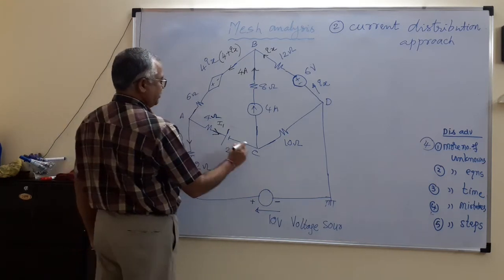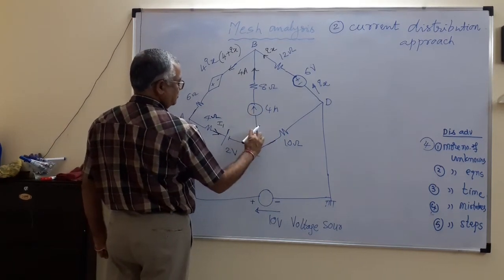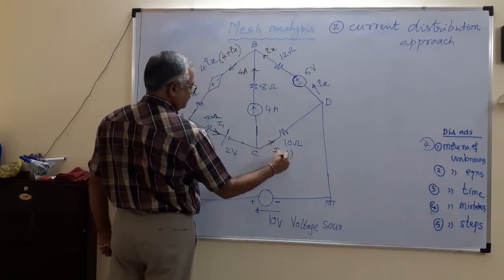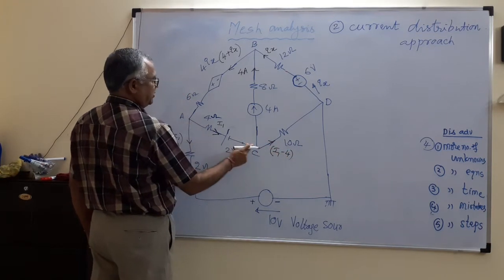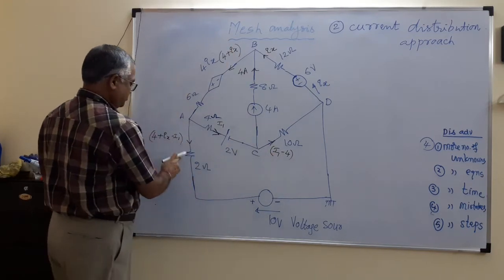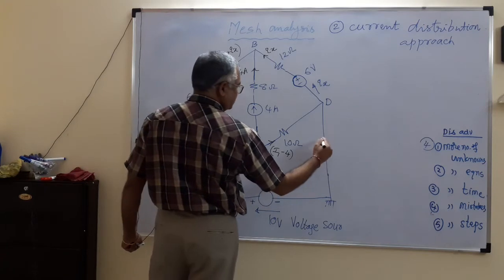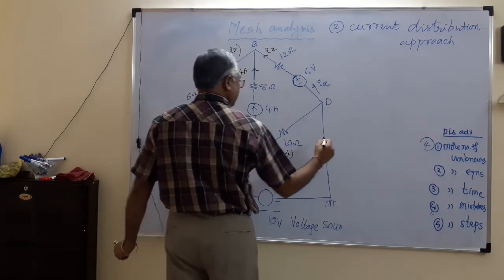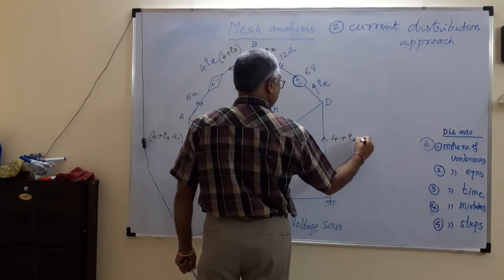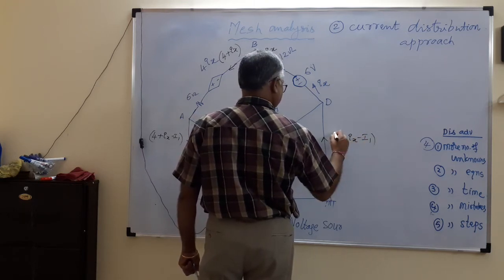So when this is I1, this is 4, what is this side? I1 minus 4. I1 entering, 4 going, remaining will flow here. So this current will come up to here, same. That is 4 plus Ix minus I1.